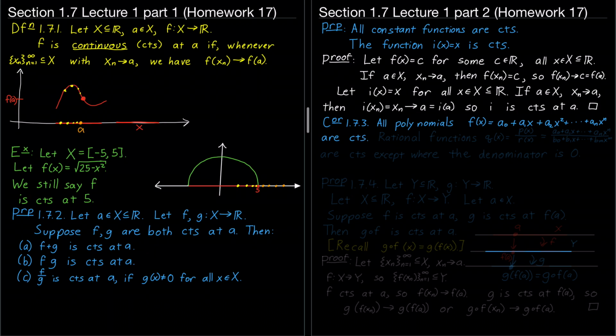And then rational functions. A rational function is a function that you can write as a polynomial over another polynomial.